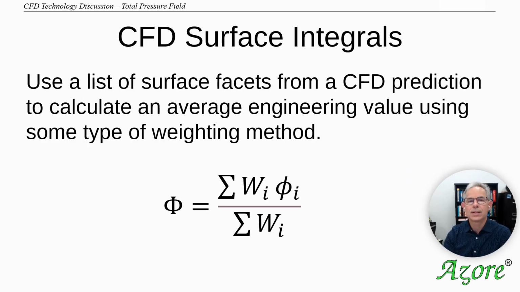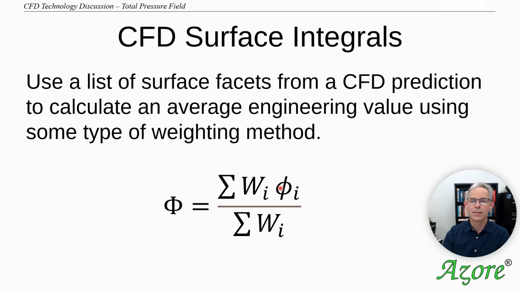Before we dive into total pressure, I want to back up and ask, what really is a surface integral? We have our CFD information, but we want to do a surface integral. A surface integral basically uses a list of surface facets that are cut through our CFD prediction to calculate some sort of average engineering value using some type of weighting value.